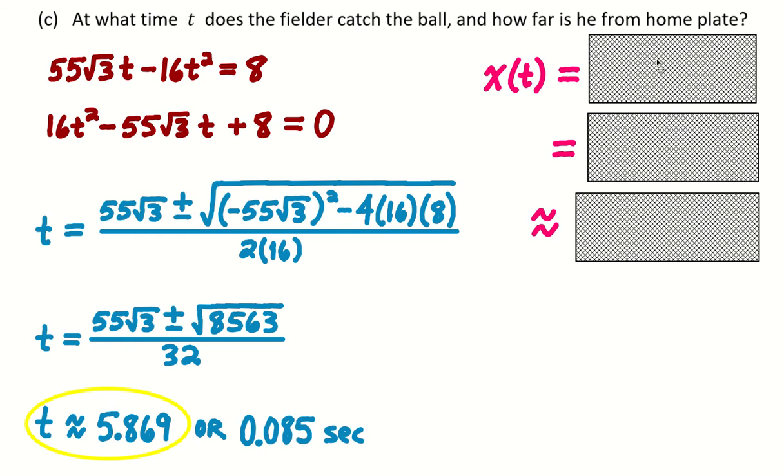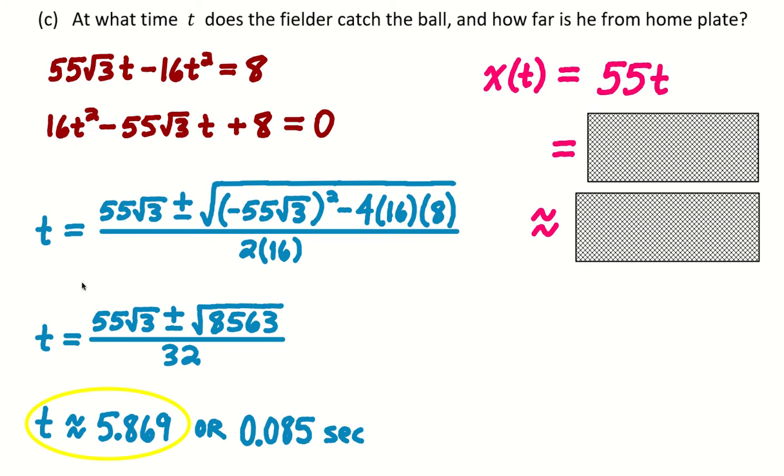It's this. And how far is he from home plate? Wouldn't that be the x component of the position vector? So we could, no, not how far.